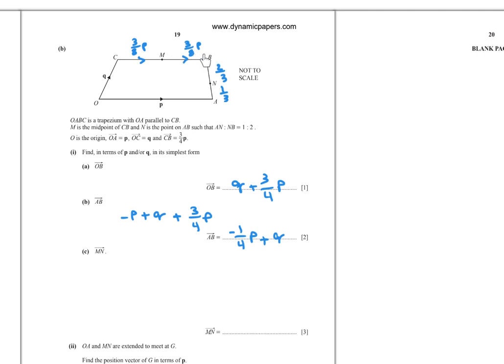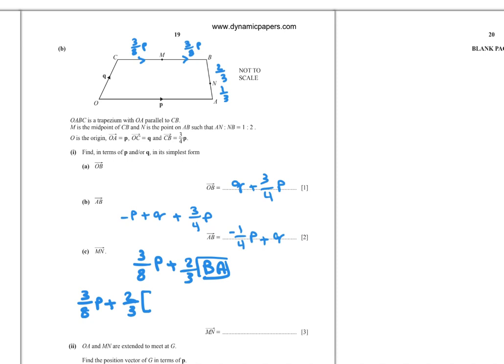So 3 over 8 B plus 2 over 3 BA. We have AB. BA, reverse the sign because it is negative AB. So you can write 3 over 8 B plus 2 over 3 into, change the sign for AB.